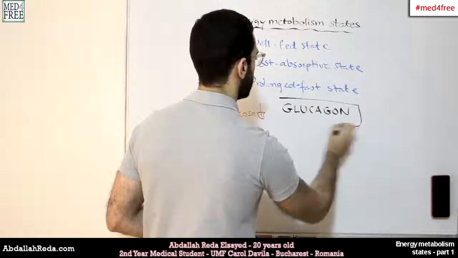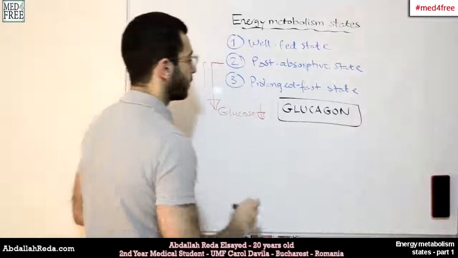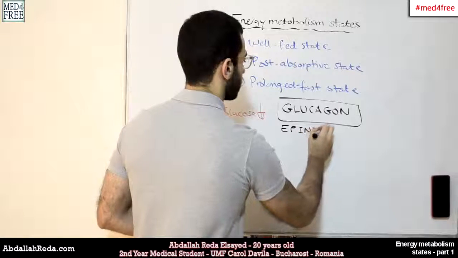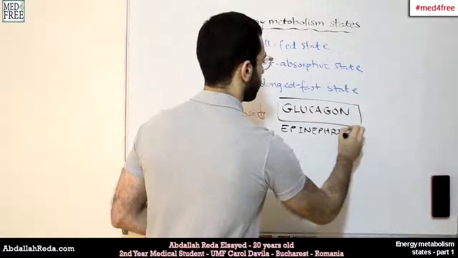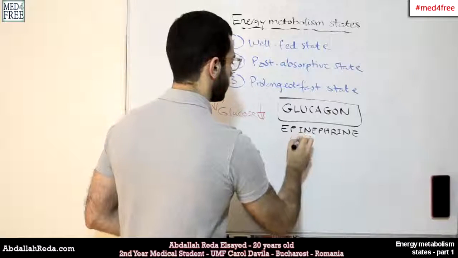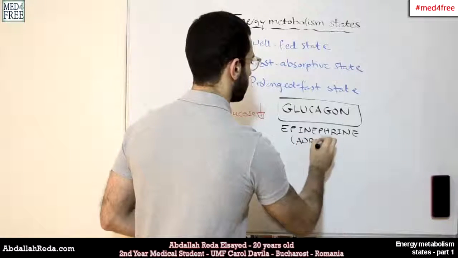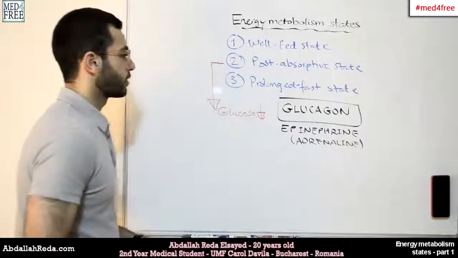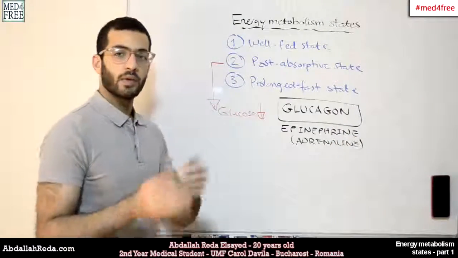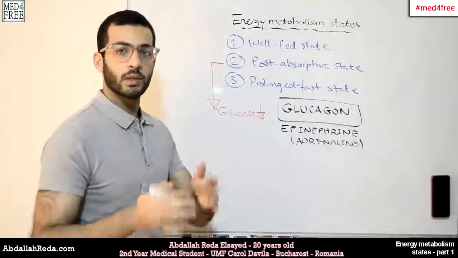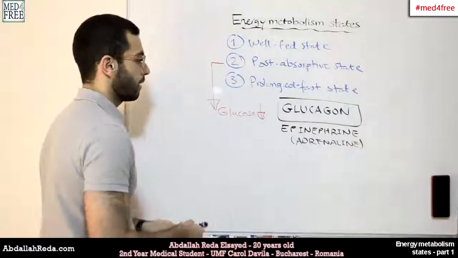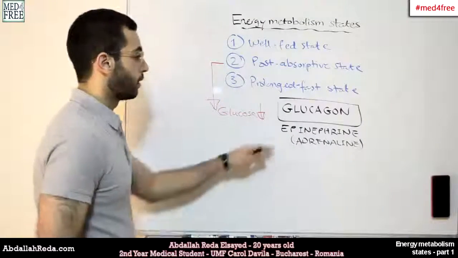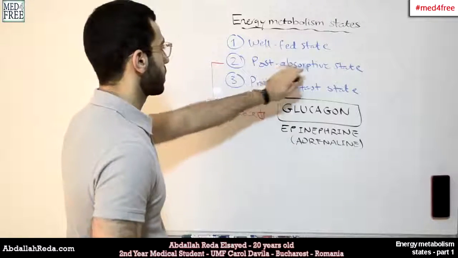So glucagon would be activated, and we have another hormone which is epinephrine. Epinephrine, or adrenaline. It's the same hormone. Epinephrine and norepinephrine are the same as adrenaline and noradrenaline. They are the same hormones. So we have here epinephrine and glucagon. Those hormones would act in the post-absorptive state.